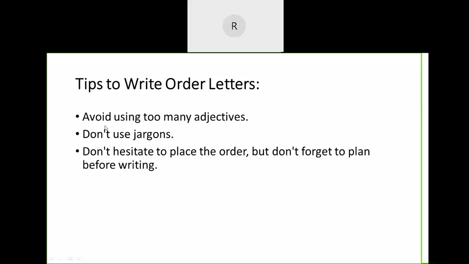And then you have to include any special instructions as a part of the terms and conditions agreed between the parties. If you have agreed any special terms and conditions in the inquiry and reply letter with the supplier, you can also mention them here in the order letter.